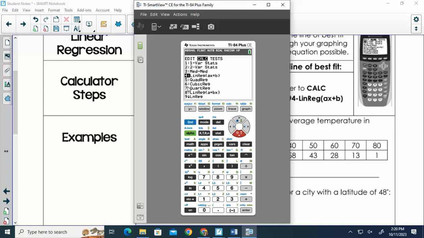You can either scroll down until you're on it, or you can just hit number 4. So we want the 4th one, linear regression. If you hit enter, it's going to come up with a list of information. Just use your down arrow, go to the bottom, and I have calculate highlighted, and hit enter.